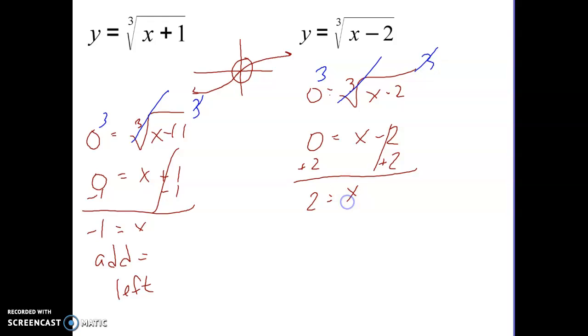And I get x equals 2, which is going to move that x-intercept from the origin where it originally was 2 places to the right over here to positive 2. So if you guessed that when you subtract, you move your function to the right, you guessed correctly.